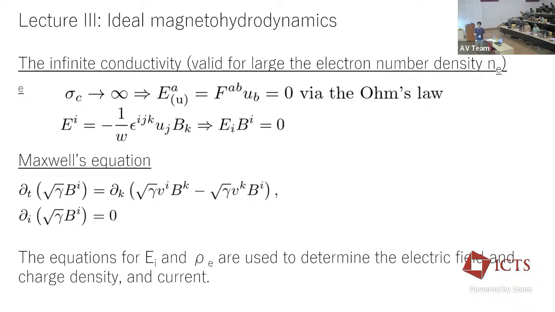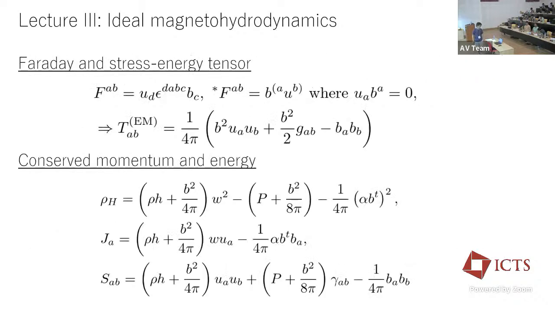These equations just give you the distribution of the electric field and the charge current after you determine the solution from these equations. This is the structure for the ideal MHD case.